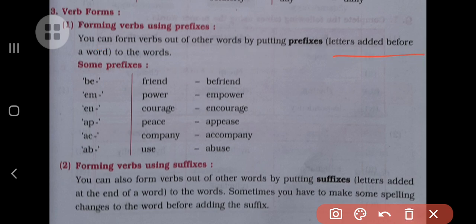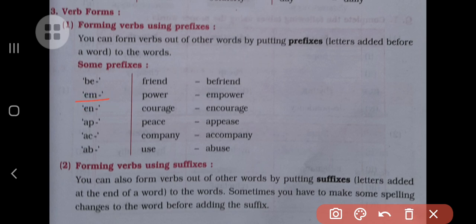The definition of prefix given here is letters added before a word, right? And in this way we can form a new word, or verb form. So which are the common prefixes used for the formation of verbs? Here you can see first is be, right? Friend is a noun. If we put be before friend, it becomes befriend. Understand? So befriend is now a verb.